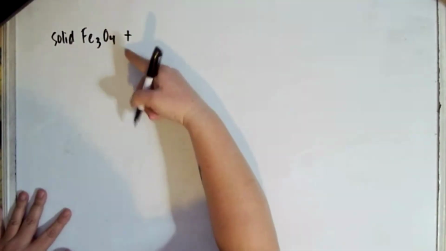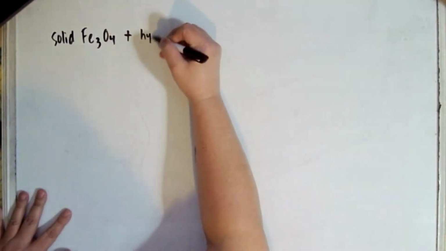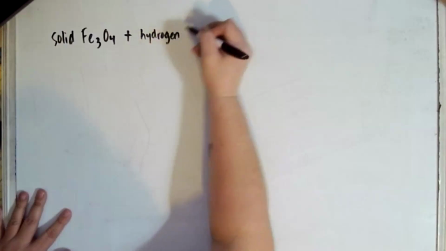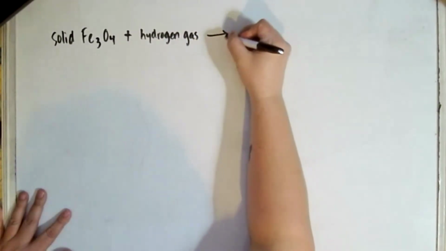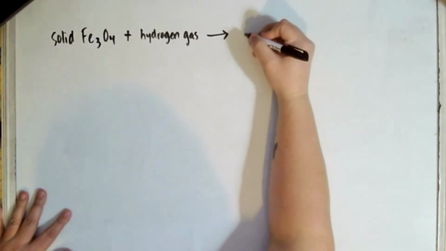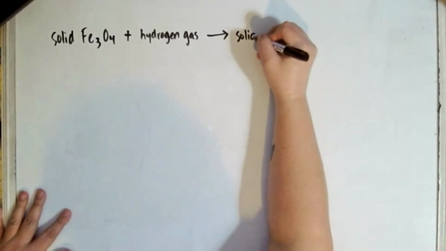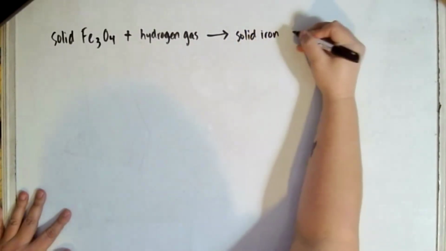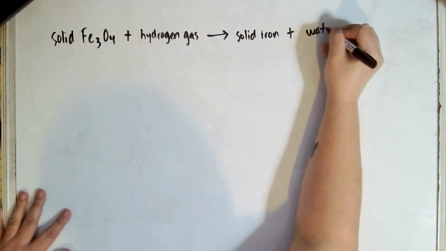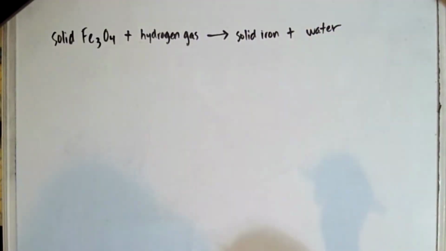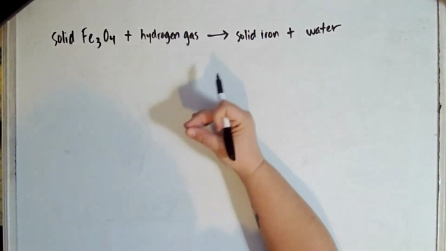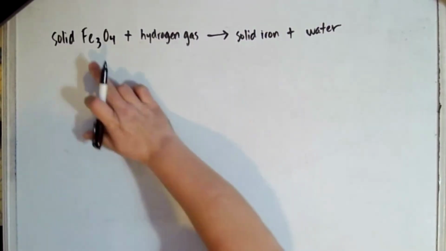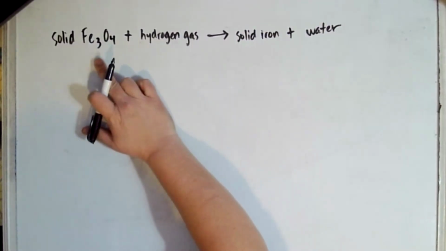So it's going to be reacting with hydrogen gas to produce, so that's where our arrow is going to go, solid iron and water. All right. So our first step is going to be to put everything in terms of chemical symbols.